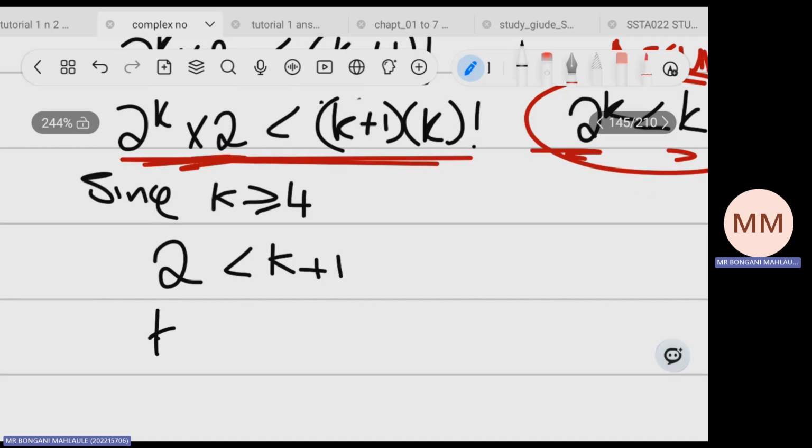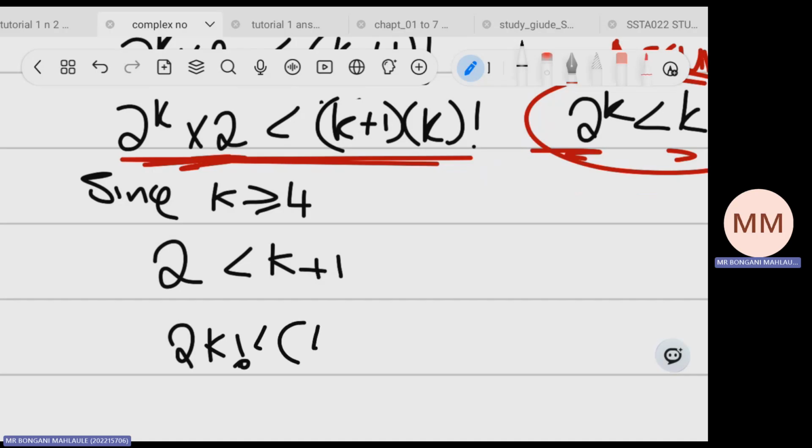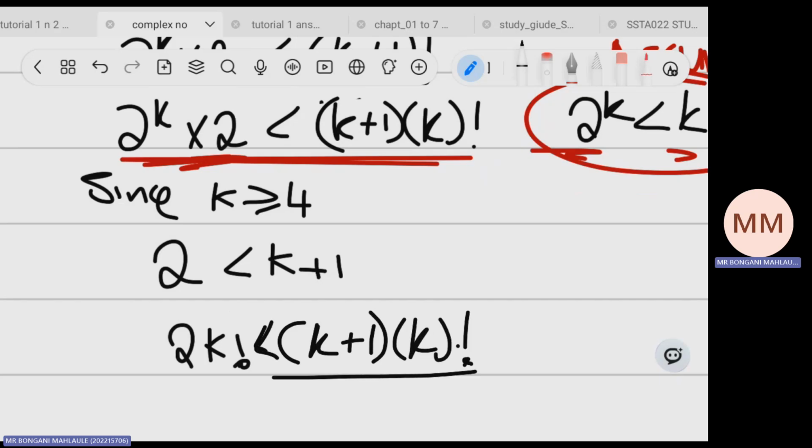And also if I have 2 k factorial, I multiply both sides by k factorial, I'll have less than k plus 1 k factorial. I'll still have a less than there.